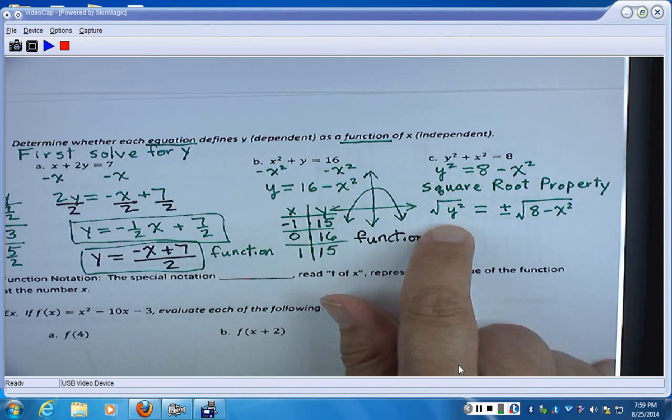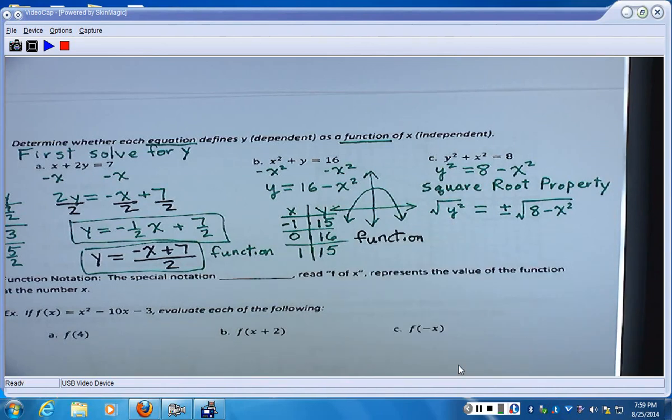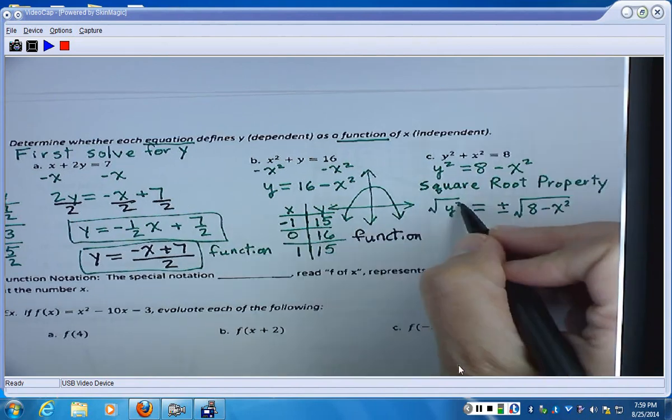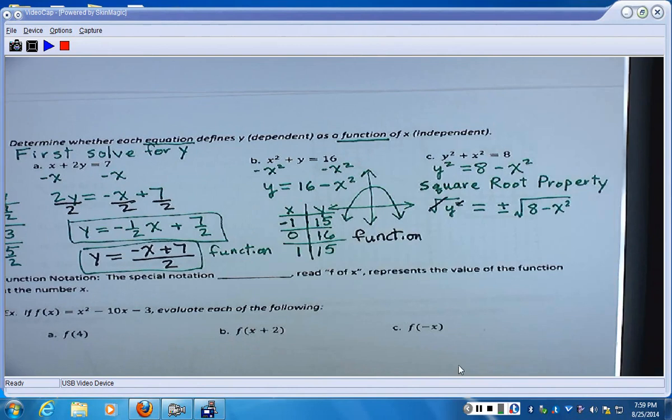So when you take the square root of that, you get y, because the squared and the square root cancel each other out. But we need both the positive and the negative here. Why is that?